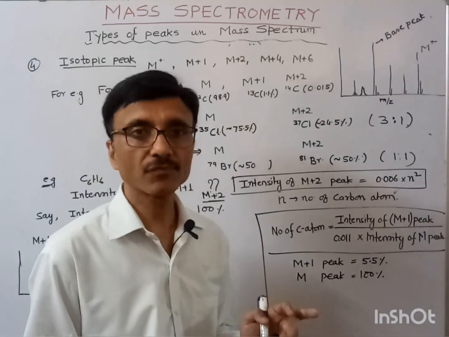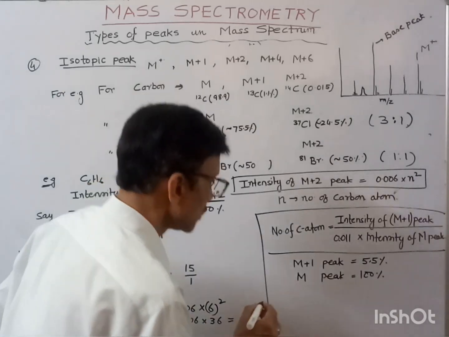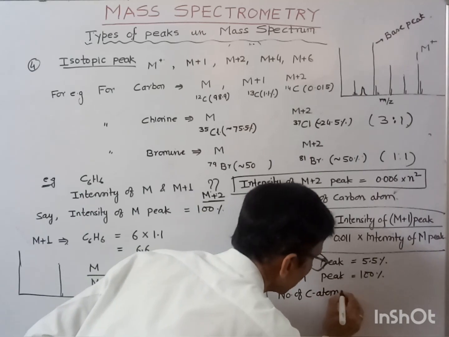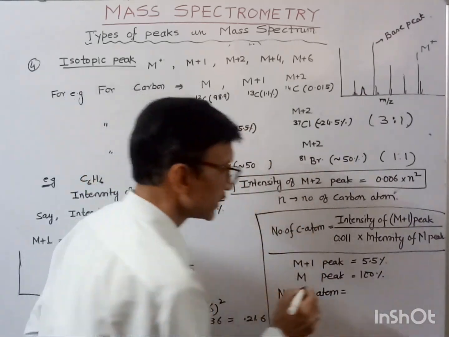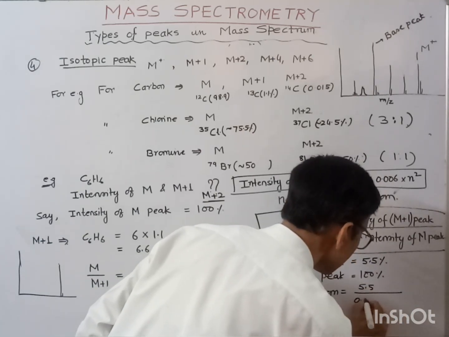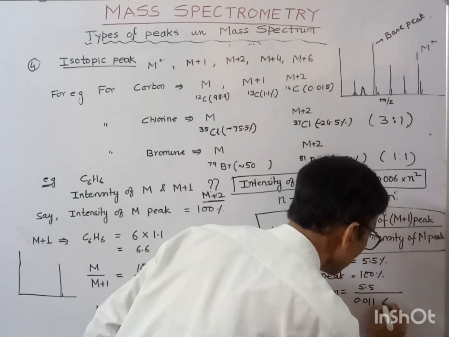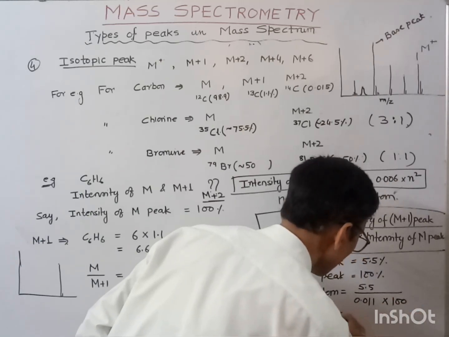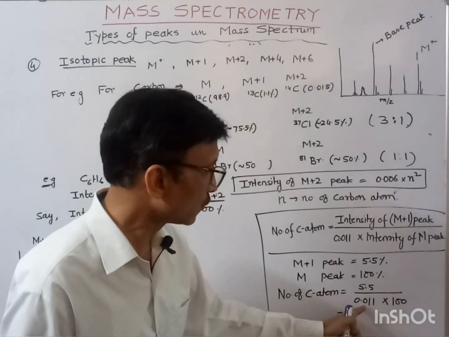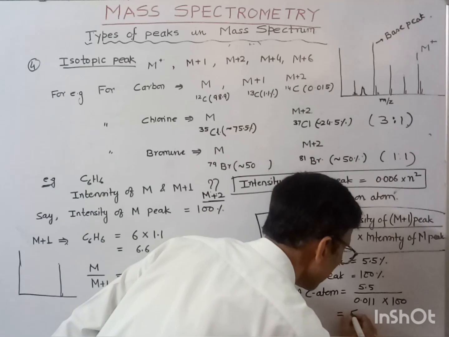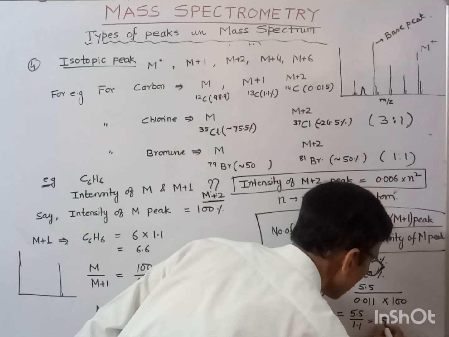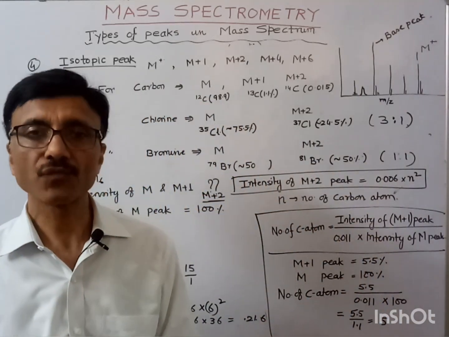Then what would be the number of carbon atoms in the molecule? According to the formula, it is 5.5 divided by 0.011 multiplied by 100. So 5.5 divided by 1.1 is equal to 5. So the number of carbon atoms is 5.